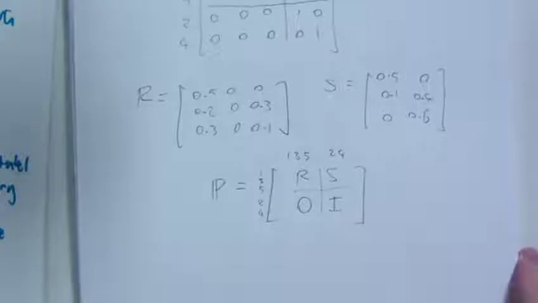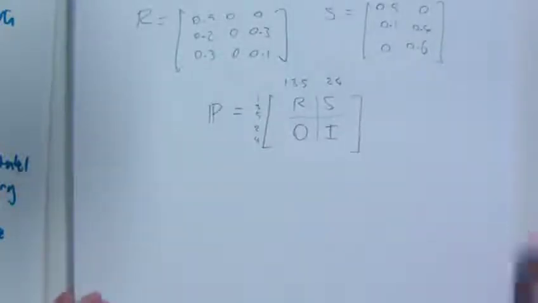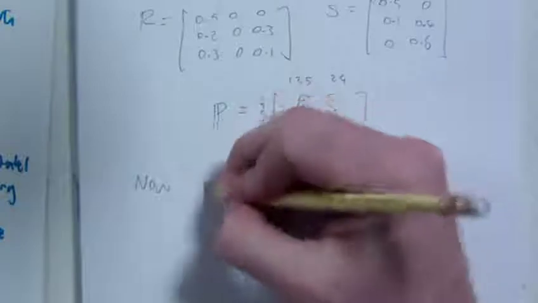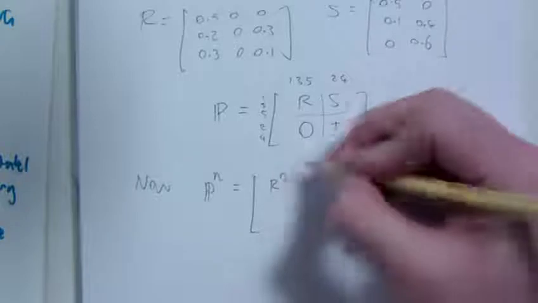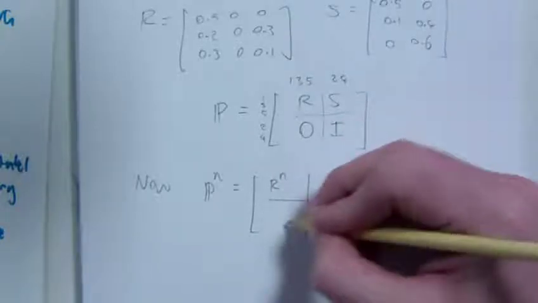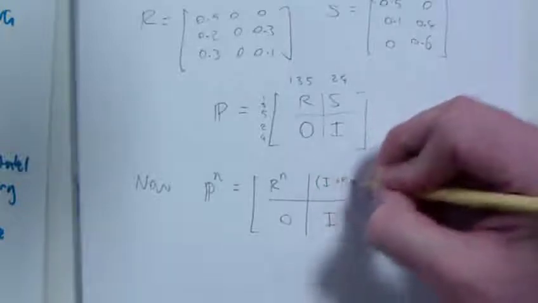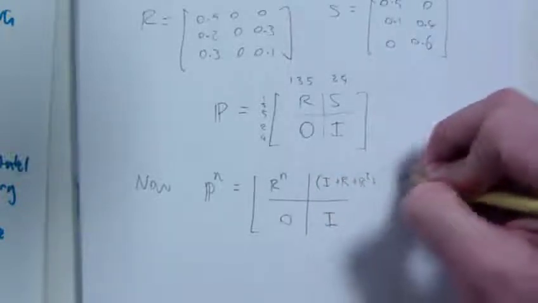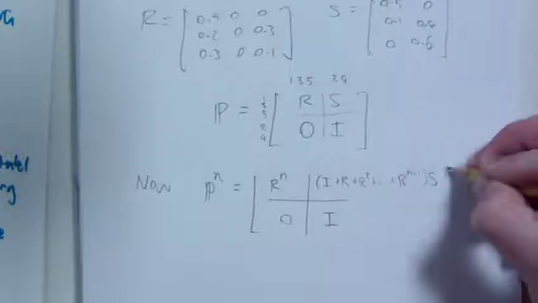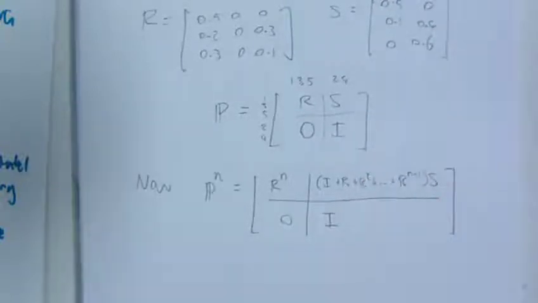You don't actually have to multiply P by itself, because you can just multiply each part of P by the other parts of P. So we can now say that P to the n is R to the n, 0, I, and I plus R squared plus R to the n minus 1 S. Like that.